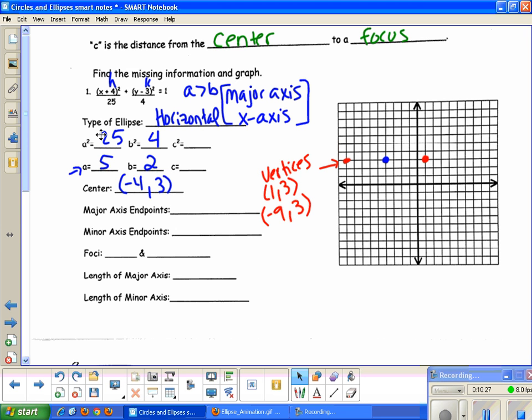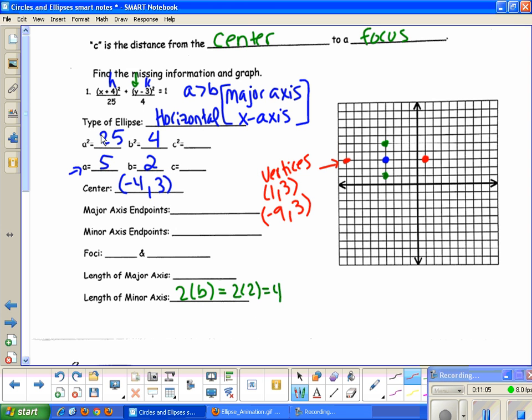And now I need to do the b value, so I'm going to go the distance because it's over y, up 2, because that's our b value, and down 2. So that's going to be the length of the minor axis. So 2 and 2 is 4, so the length of the minor axis is 4. And how do you get that? You can do 2 times your b, which in this case is 2 times 2, which is 4.